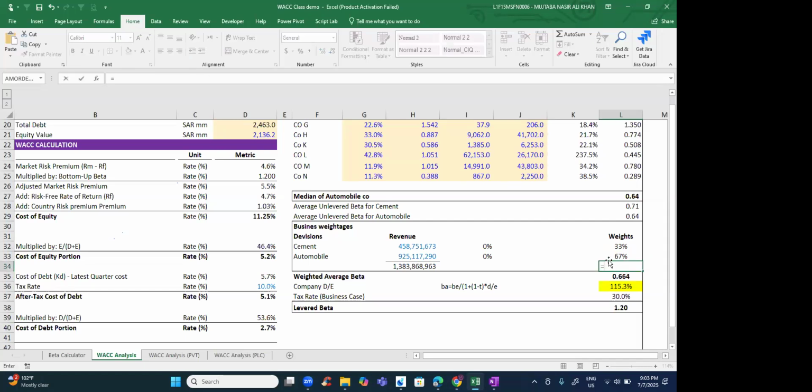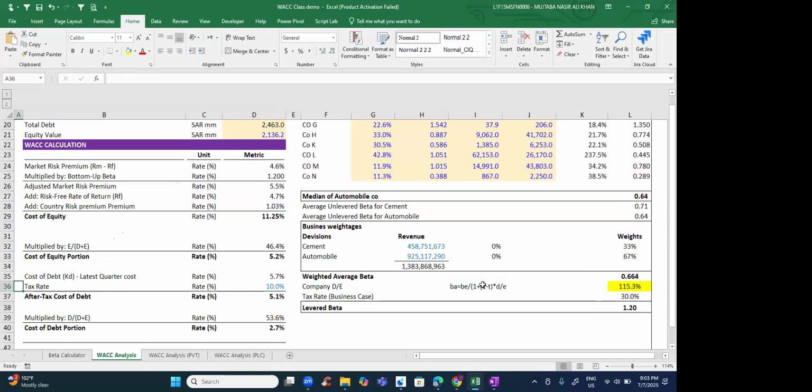How, sir? Cement beta into cement weight. Automobile beta into automobile weight, 0.66. Then take our debt equity ratio, our tax rate, re-lever it, 1.2, using this formula. Okay, so done.